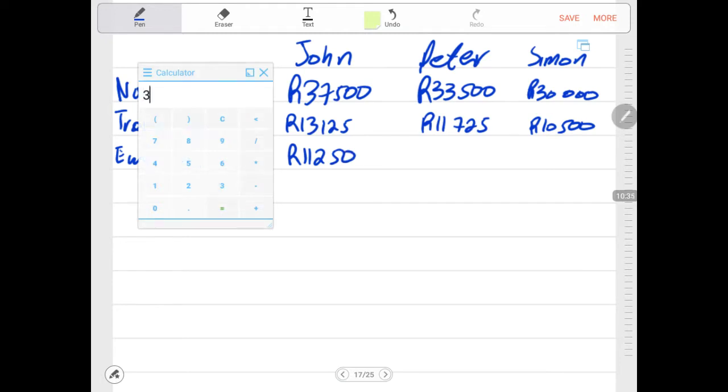Then 33,500 times 0.3, which is 30%, is 10,050 rands. Then the last one, who earns a normal salary of 30,000 per month, 30% of that will be 9,000 rands.